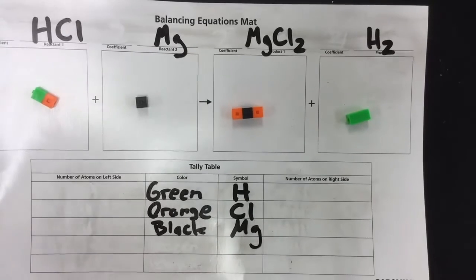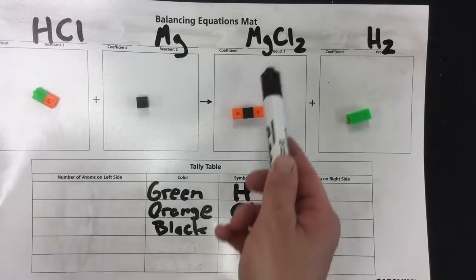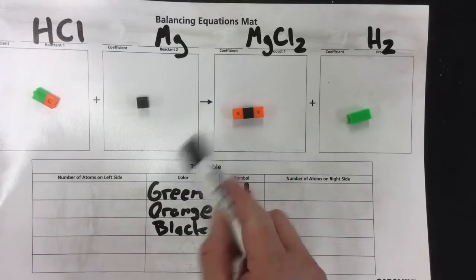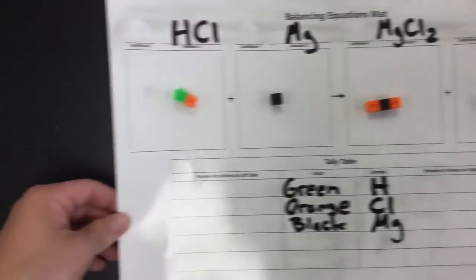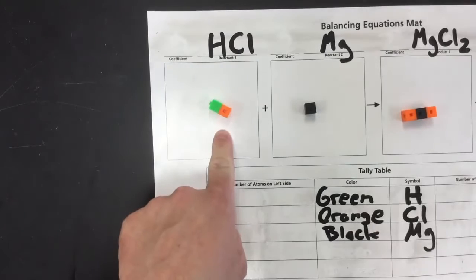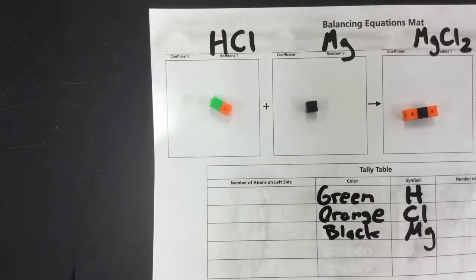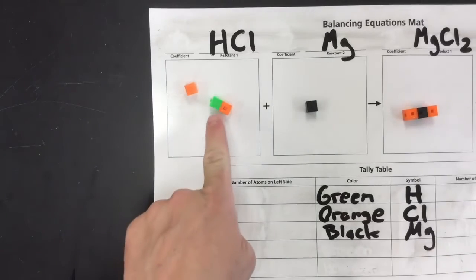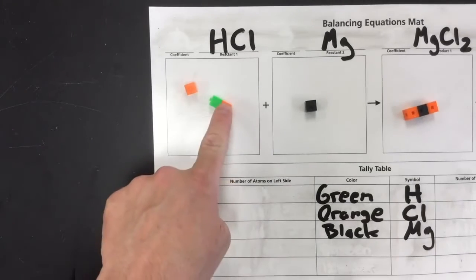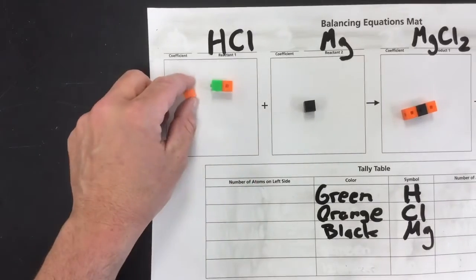If you look at chlorine, we have 2 atoms of chlorine in the products, 1, 2. However, we only have 1 atom of chlorine in the reactants, so we need to change that. So here's a chlorine, again, orange. But here's the thing, I can't just do that, because this substance isn't chlorine, it's hydrochloric acid, HCl.